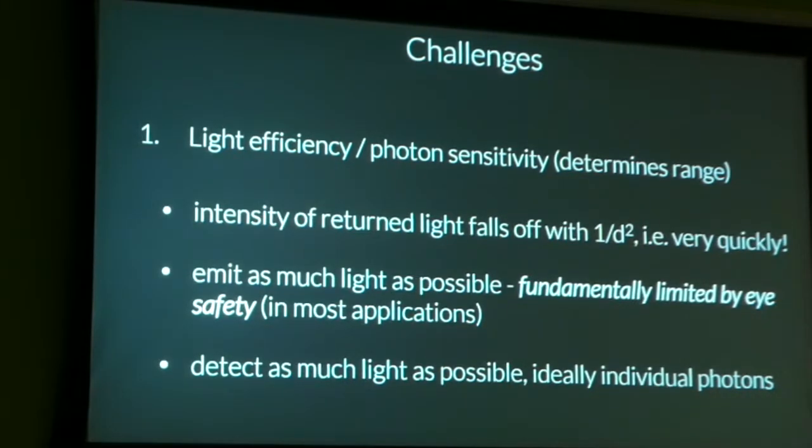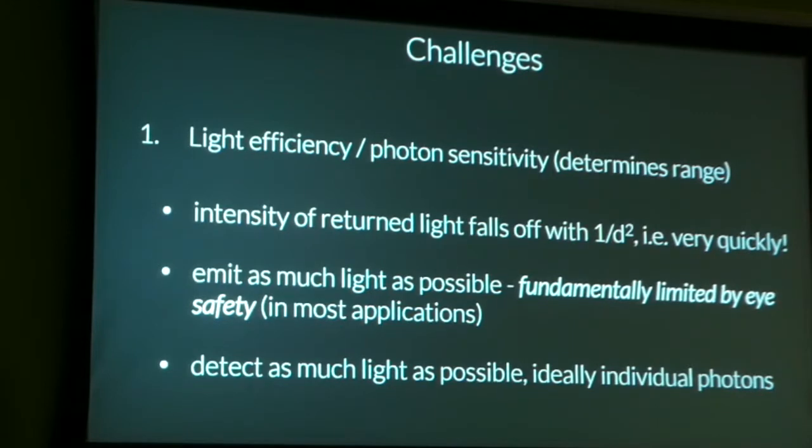So if you take a laser and you point it at some distant scene point, the amount of photons that are going to come back falls off as 1 over the distance squared. This is actually a pretty rapid fall-off rate, especially if we're thinking about imaging objects a few hundred meters away, which we definitely want to do when we're putting LIDARs on self-driving cars.